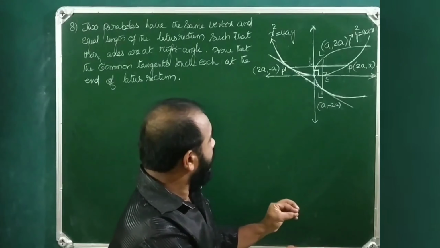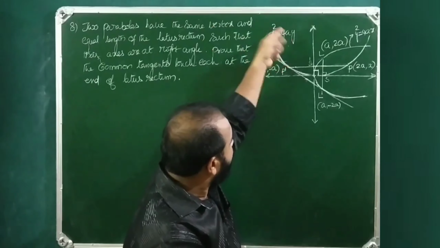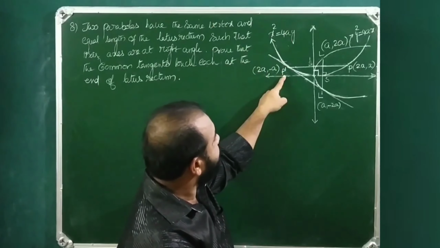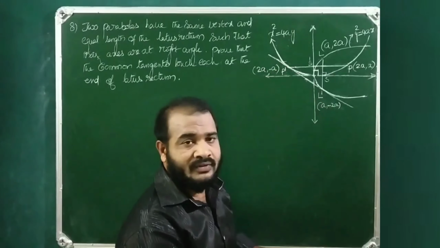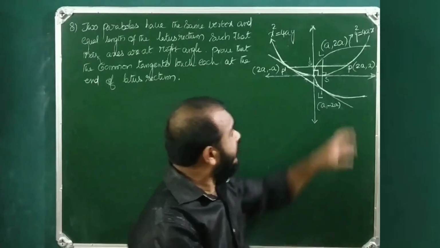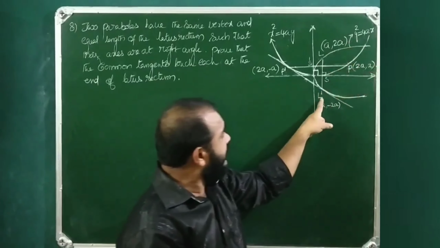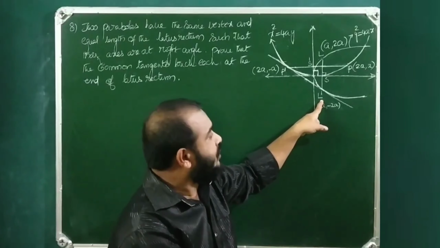Now we need to show that the equation of the tangent to x square equals to 4ay at P dash is S1 equals to 0. This line we will be getting. And the equation of the tangent to y square equals to 4ax at L dash is still S1 equals to 0.